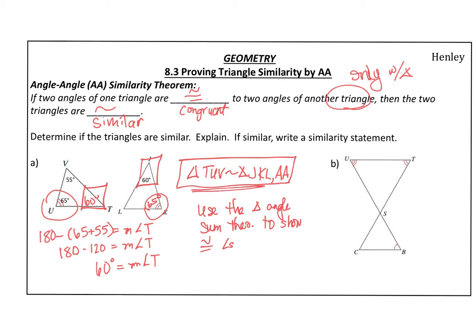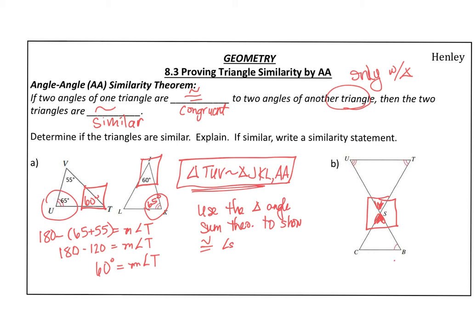Now, let's look at B. We know that these two angles are congruent with each other because they are vertical angles. We learned that several units back. Because of that, we have one pair of congruent angles.